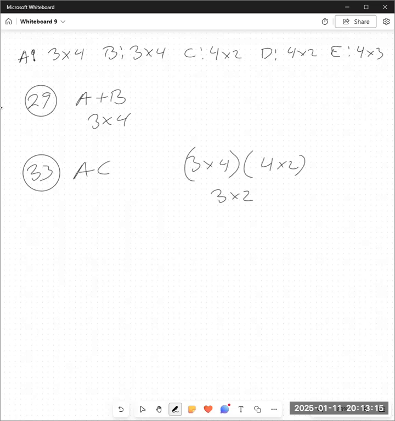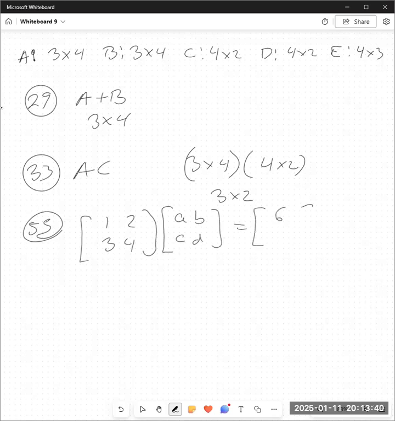Now let's go ahead to number 55. We have the equation [1, 2; 3, 4] times [A, B; C, D] is equal to [6, 3; 19, 2].